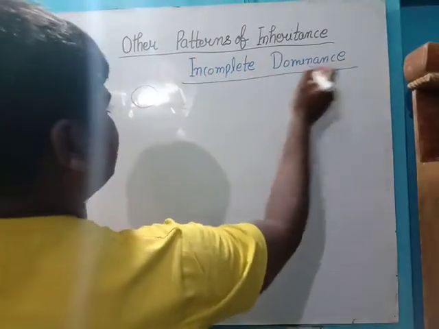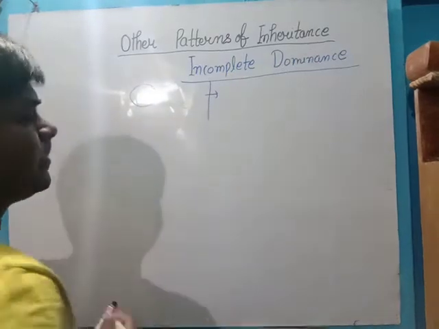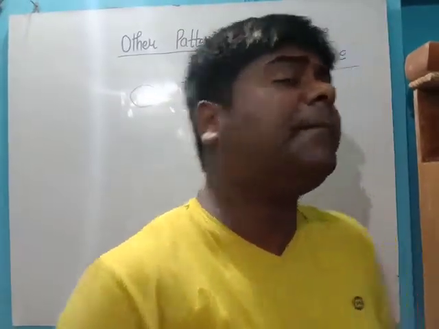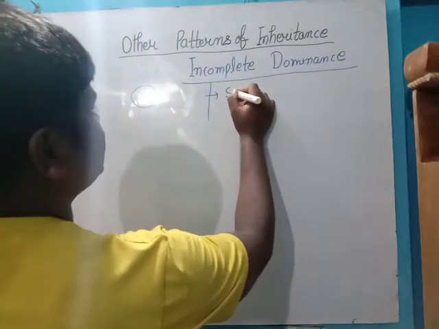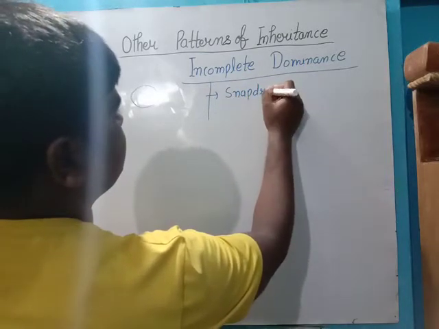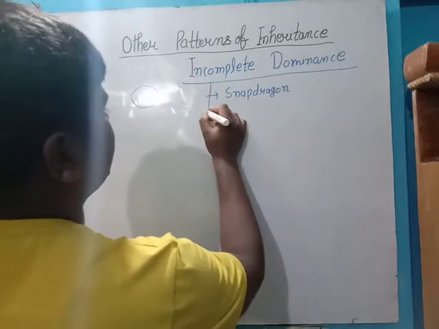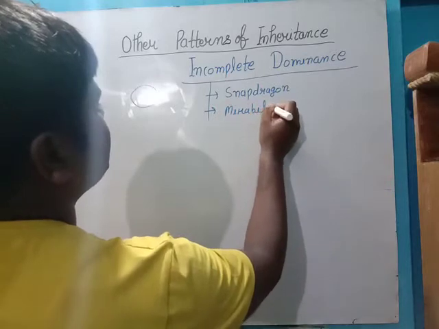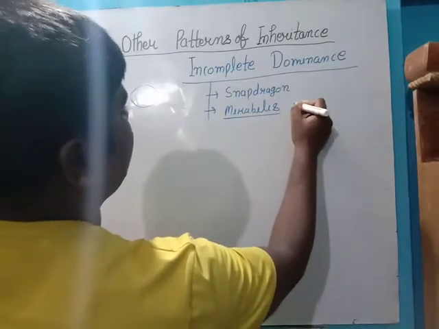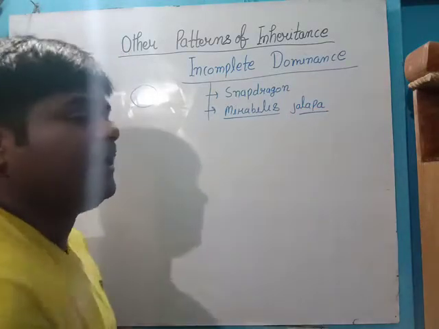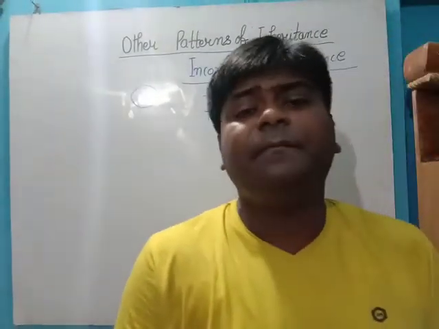This incomplete dominance is observed in various plants: Snapdragon, Mirabilis jalapa. These are the names of the plants where we have incomplete dominance.